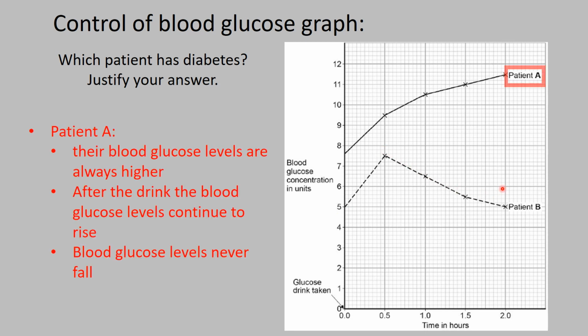So that, of course, would say to us that patient A is the diabetic because their blood glucose level doesn't decrease, there's no insulin being produced or their body cells aren't responding to insulin, whereas patient B, insulin gets produced, their body cells respond to it, and so blood glucose levels decrease. The only way these are going to decrease for patient A is if patient A uses up the glucose.